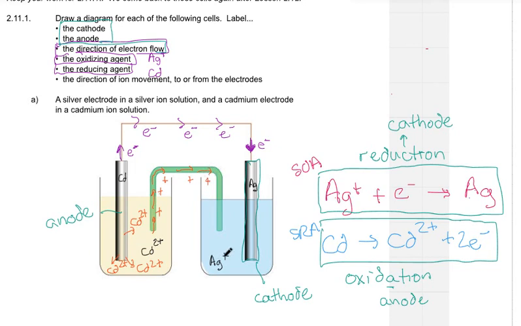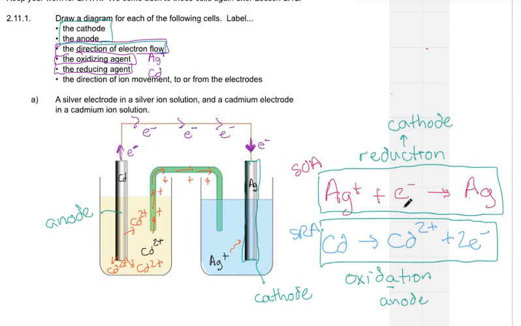What about the silver? Won't it have something to say about this? Well, look on the silver side. Here, silver ions are picking up electrons and turning into silver metal. These silver ions see electrons inside the bar. They float up to it, and the bar says, hello, I'm full of electrons. They keep flowing in through this wire.